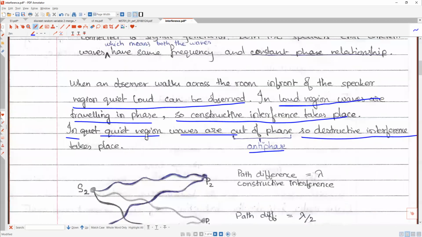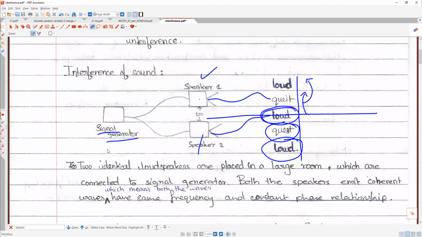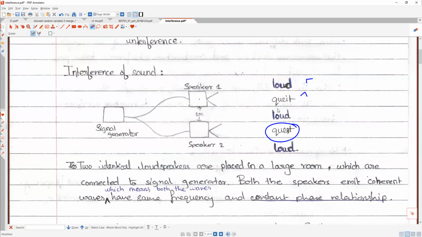When the path difference is a whole wavelength, a whole number, 1 lambda, 2 lambda, 3 lambda, 4 lambda, as long as it's a whole number.